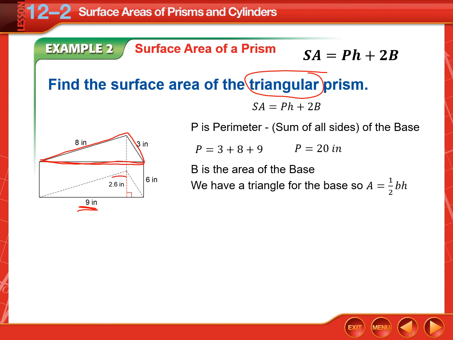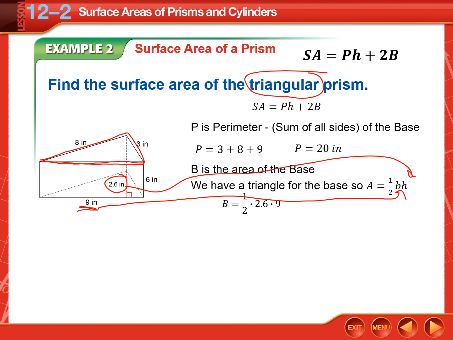So that little number right there is what I got to use in my triangle formula. And that 9 is perpendicular to it, so I have to use that. So 1/2 times 2.6 times 9, and I get 11.7.